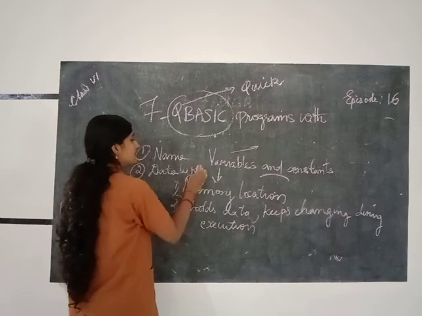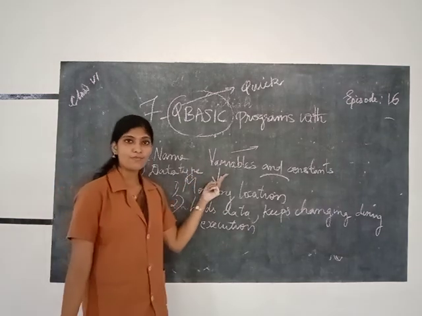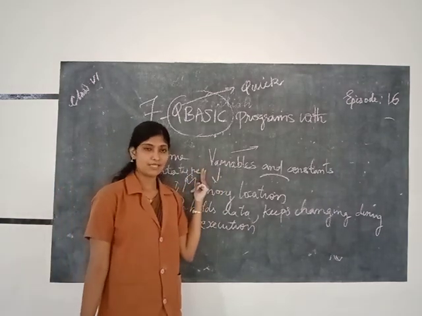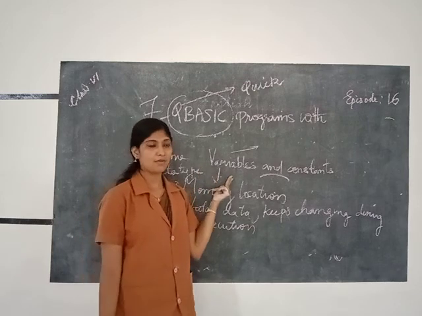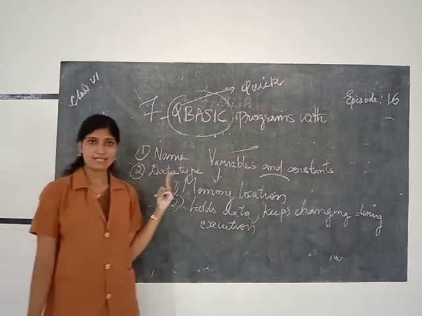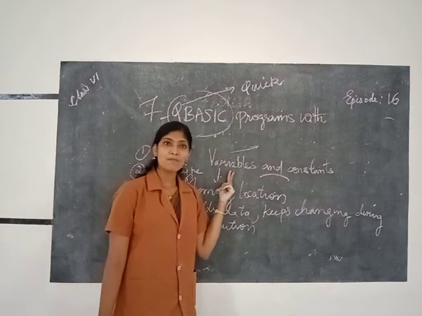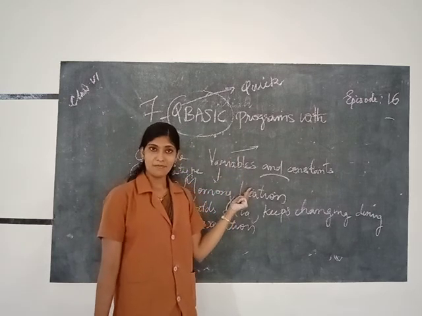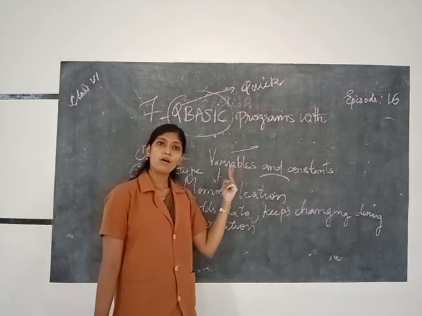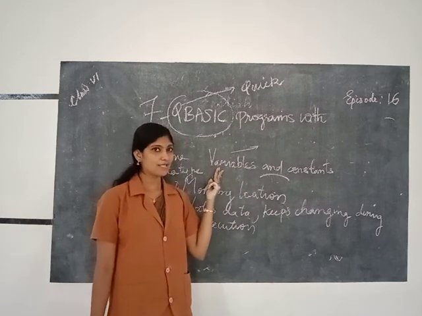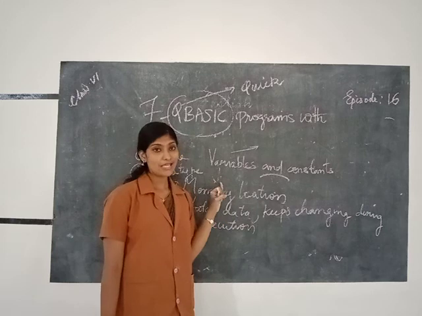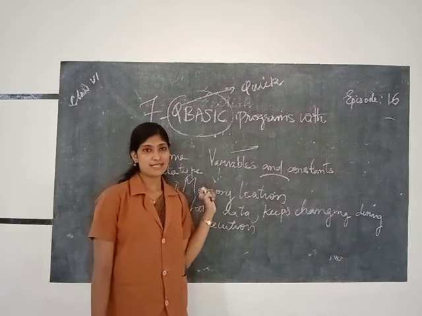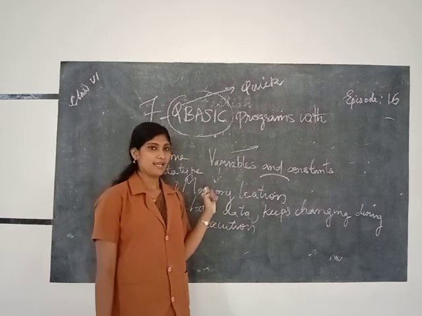Name indicates the name for the memory location. And the second one is data type, which indicates the type of the data, whether it is an integer or a fractional number or a string, float or anything. In BASIC there are three types: string data type, single data type and integer data type.